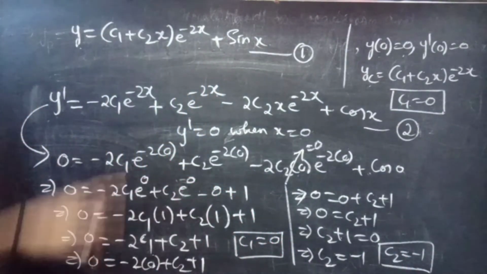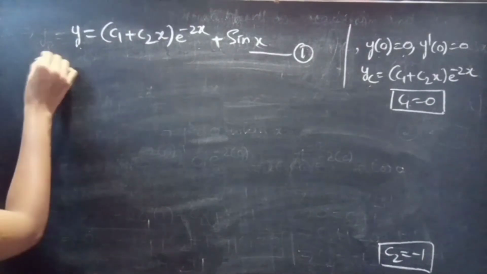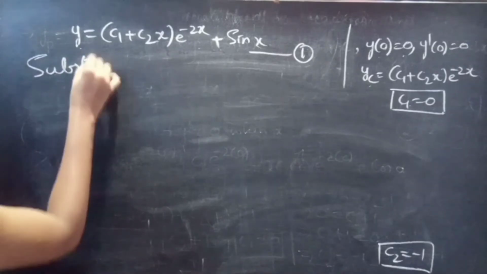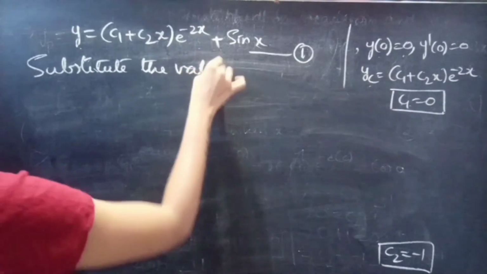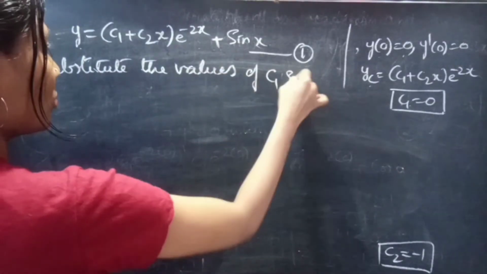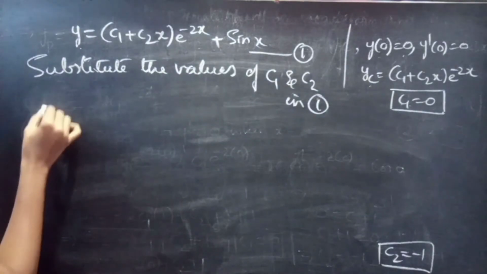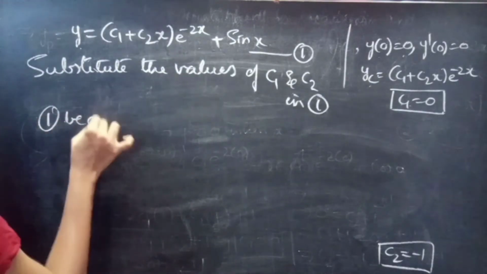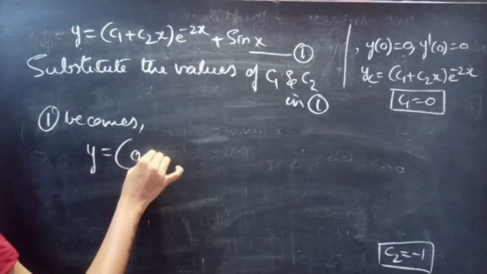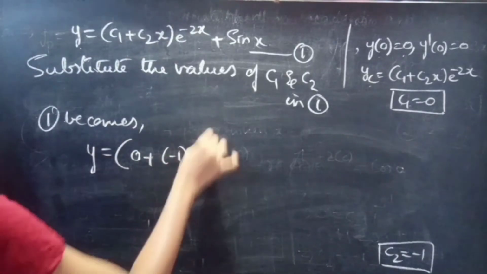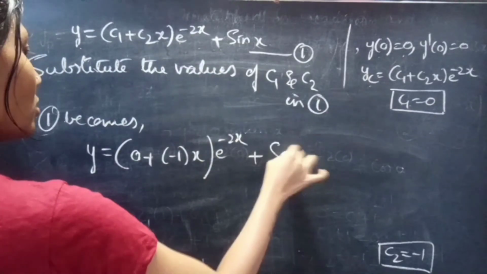Let's replace c1, c2 values in equation 1 now. Substitute the values of c1 and c2 in 1, right? Then 1 becomes y equals to 0 plus minus 1 into x into e power minus 2x plus sin x.